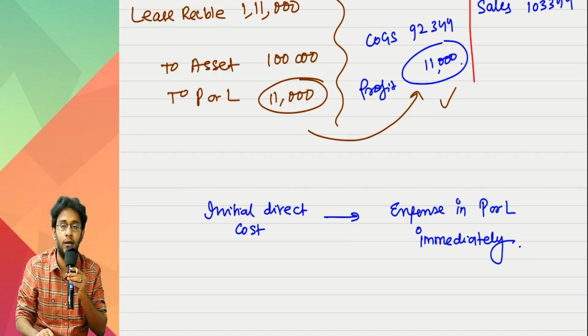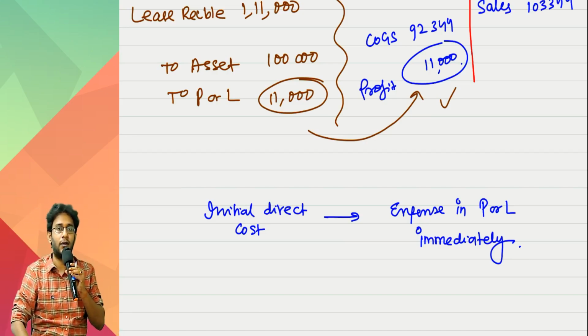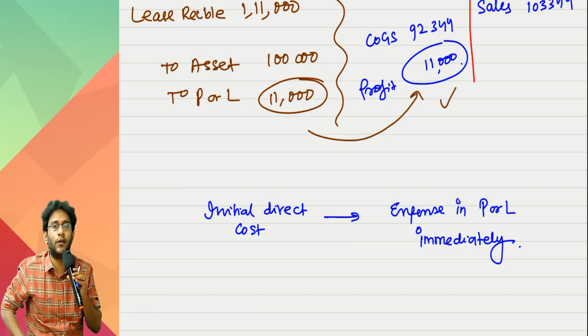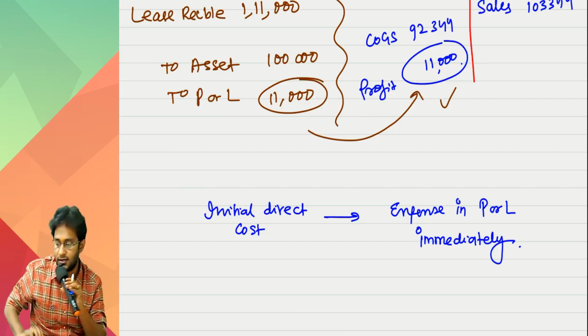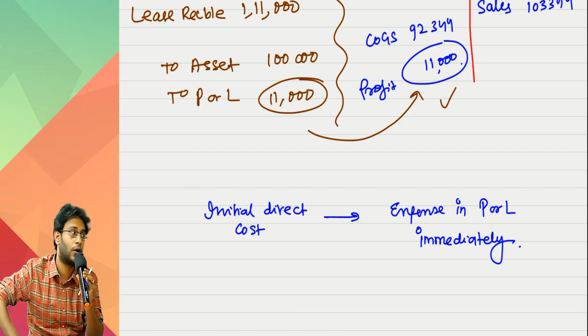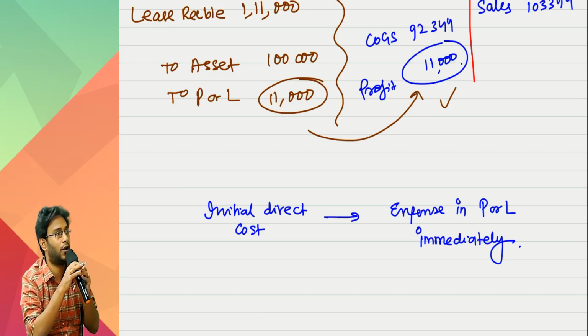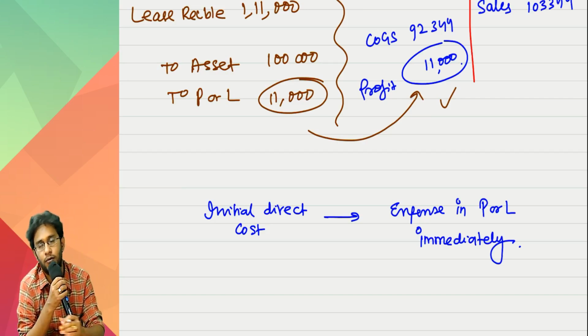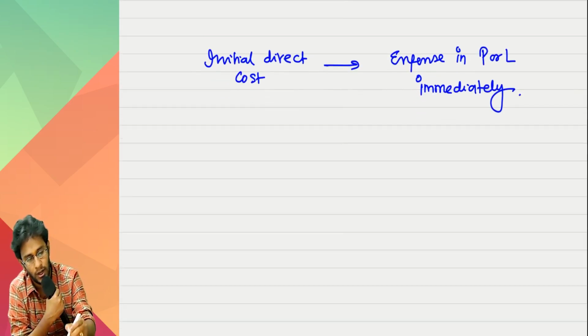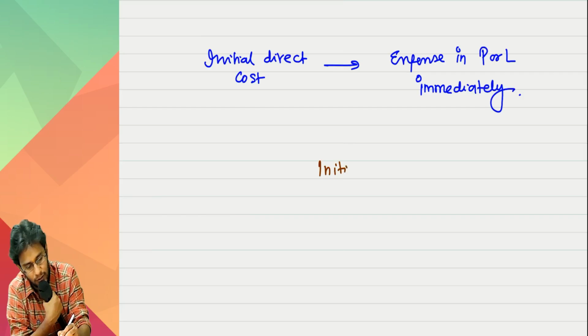The reason being, this fellow is not only a lessor, he is also making a sale of goods with whatever expenses you incur. Since sale is booked immediately, cost also should go to the P&L account immediately. All selling expenses should be booked as expense in the P&L account. Now at this stage, before we move further, once we summarize the treatment of initial direct cost, you will have an overall view.